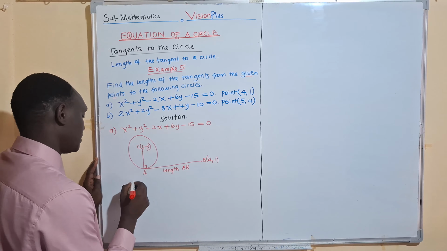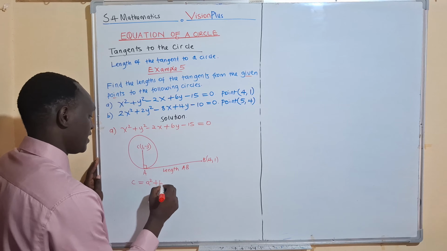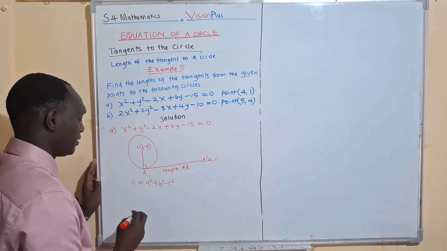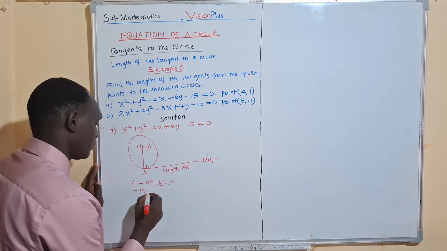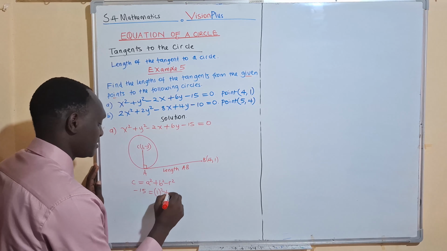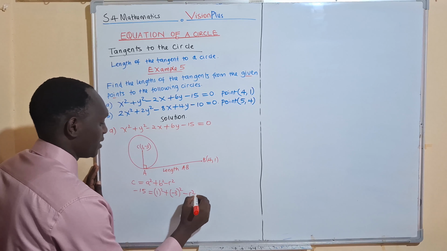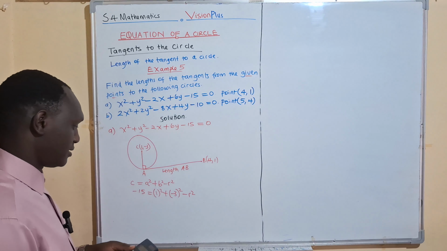So we know that the constant C is given by a squared plus b squared minus r squared. What is C? C is negative 15 equals, what is a? a is 1, squared, plus, what is b? Negative 3 squared, and then minus r squared. In this manner, we can find the radius.